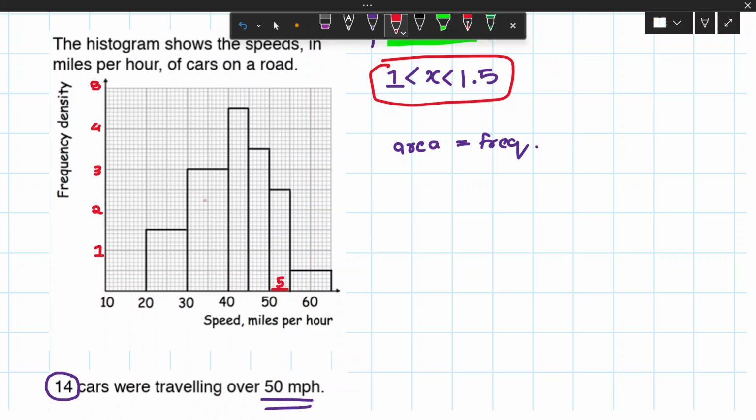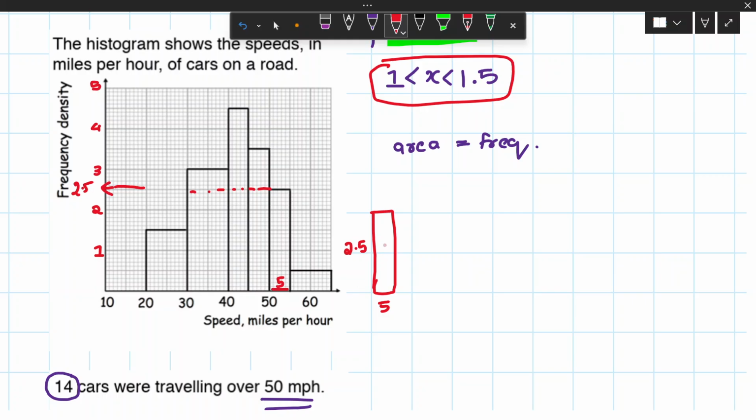Okay, now comes the tricky part. Let's calculate the area. This is 2.5. So for the first rectangle, I've got the base as 5 and the height as 2.5.